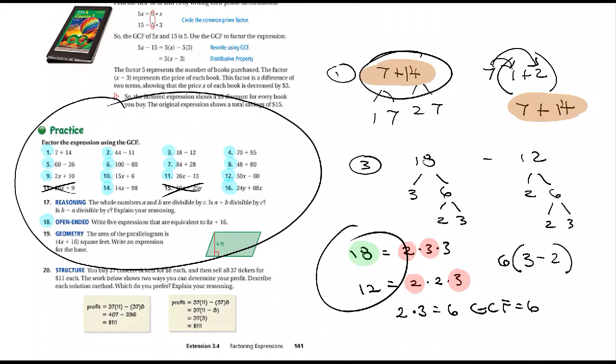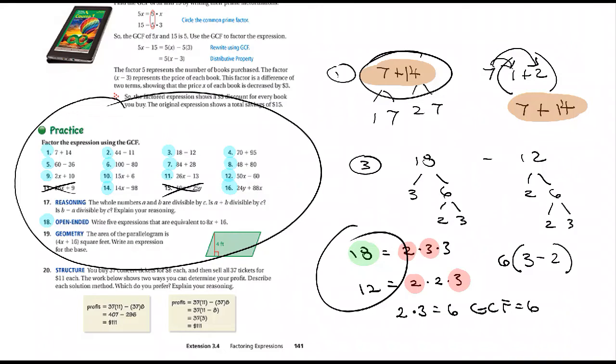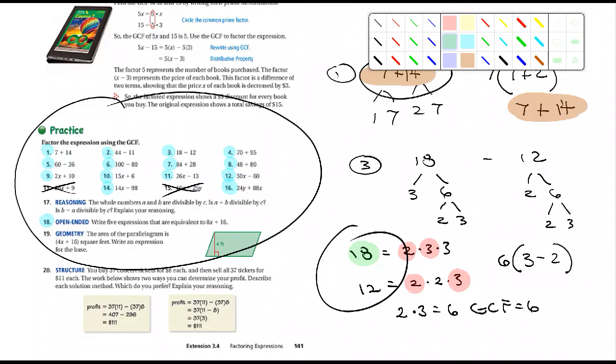Let's do one more together to really kind of sink this in, because these are not easy. So the answer to number 3 is 6, and then in parentheses 3 minus 2.